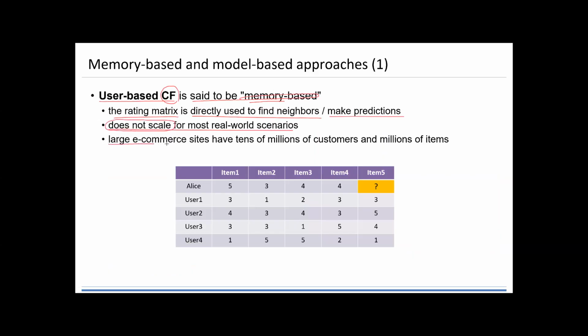many websites, like e-commerce websites, have tens of millions of customers. So there are so many customers, and also so many items. It does not scale well, because if you learn with 5 items and 5 customers, then it is still okay.